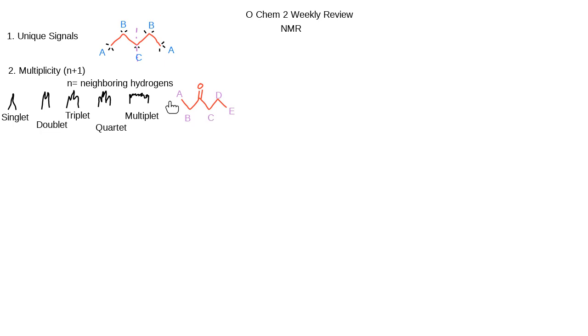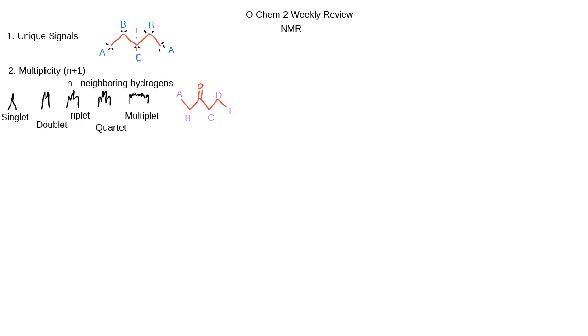So hydrogen to the carbon, and then carbon to carbon, and then carbon to hydrogen. That is exactly 3 bonds. Okay? So, like I said, A's neighbor is B. B has 2 hydrogens because this is a CH2, because it's like an inside. So A's multiplicity would be a triplet.